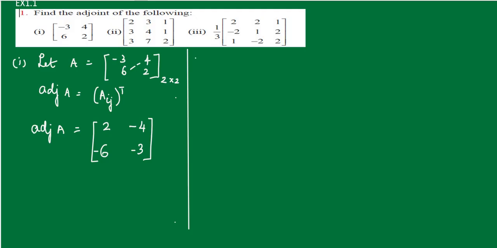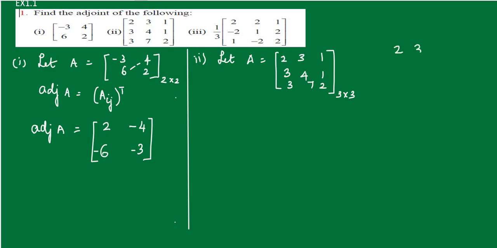Second question. Let A is equal to, first row 2, 3, 1, second row 3, 4, 1, third row 3, 7, 2. This is a 3 cross 3 matrix. We are going to find Adj of A for this 3 cross 3 matrix. Now, write the elements of the matrix.